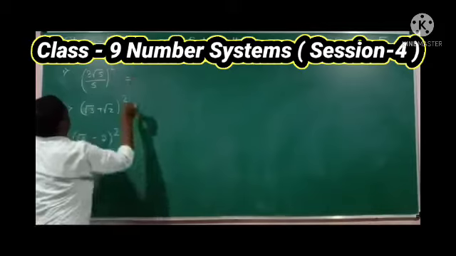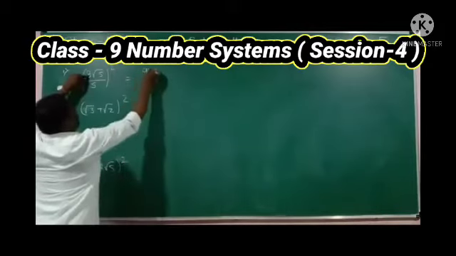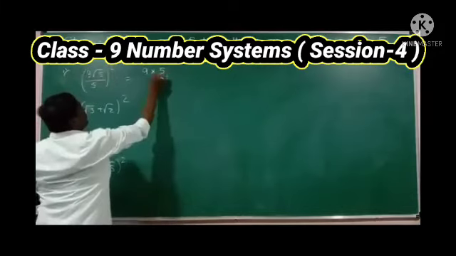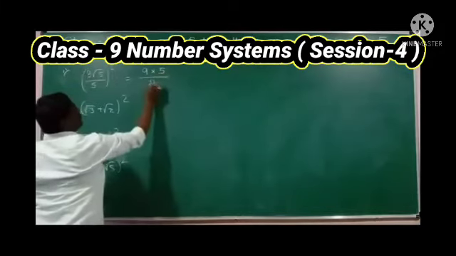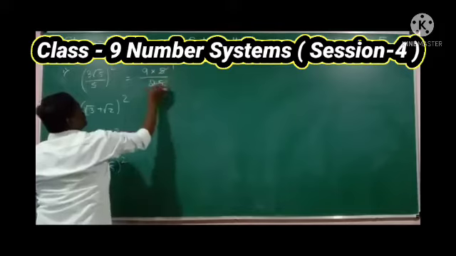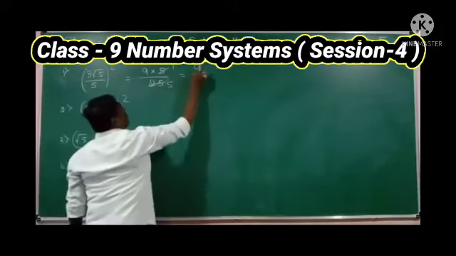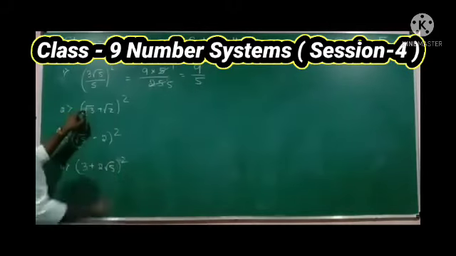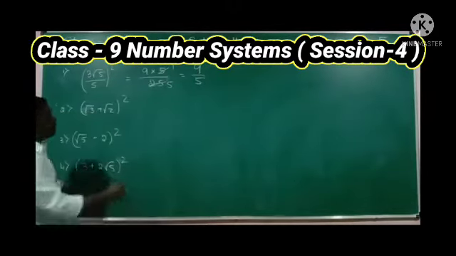First one: 3 square is 9. Square and root get cancelled, remaining 5. 5 square is 25; 5 fives are 25. What will you get remaining? 9 by 5. Second one: root 3 plus root 2. It is in the form of a plus b whole square.